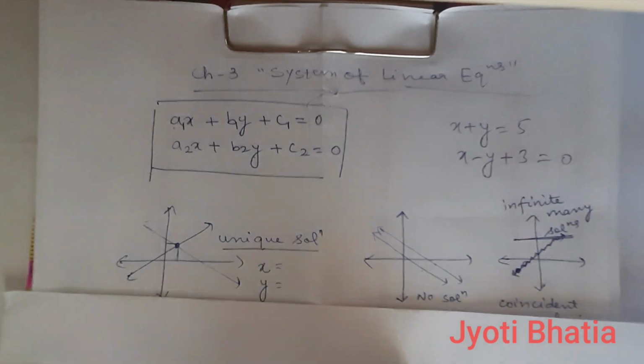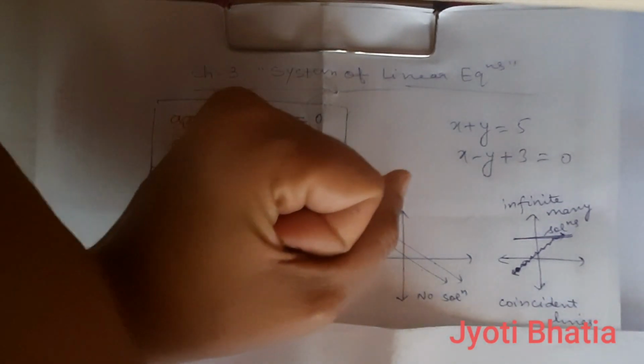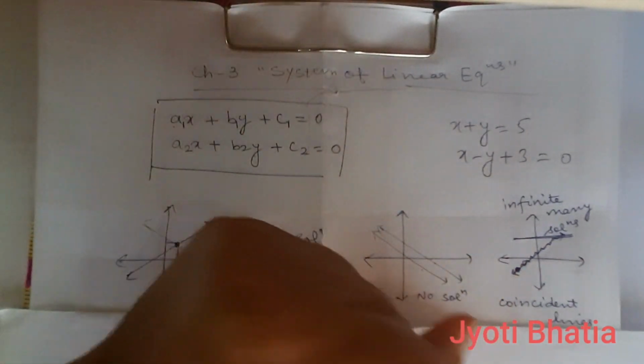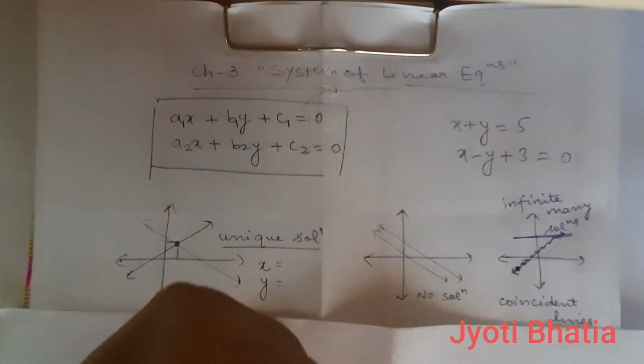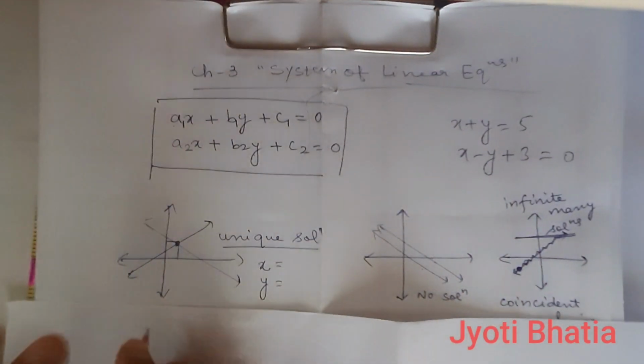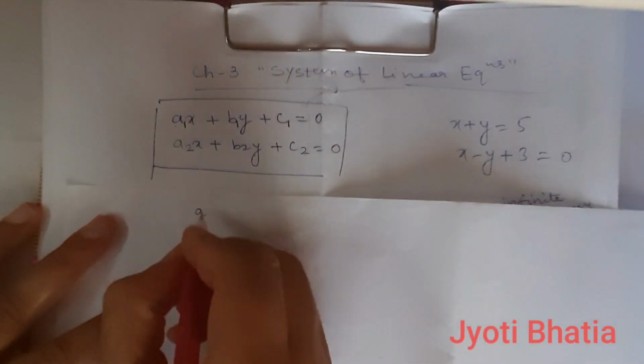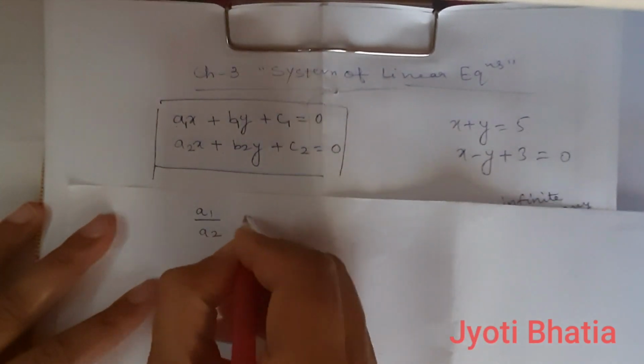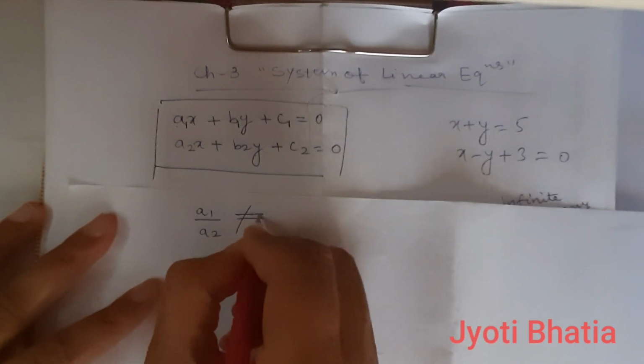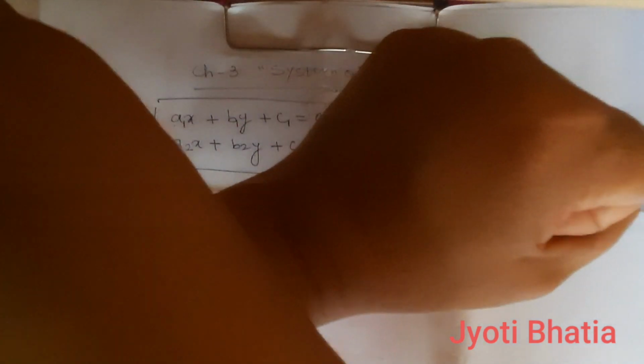What is that? Unique: as you can see, the lines are crossing each other. You can make a cross in your hand.